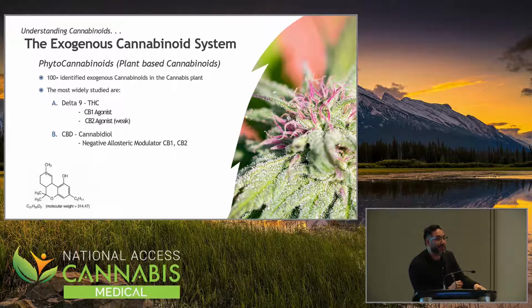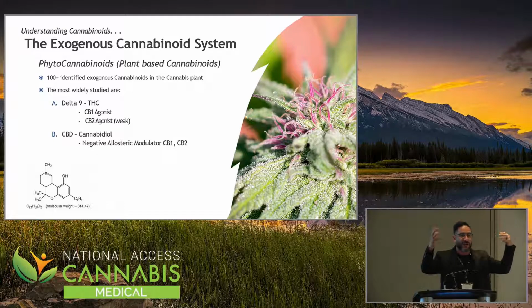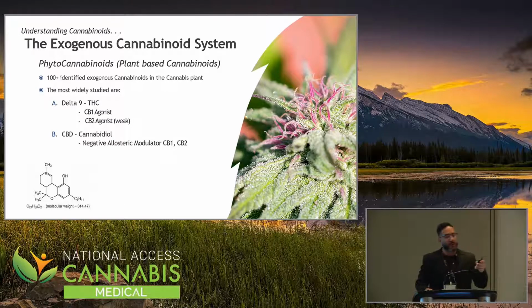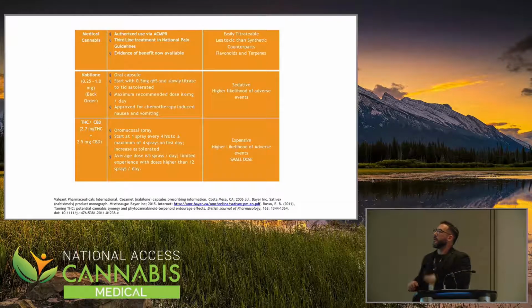But when you add CBD to it, it's going to modulate that effect. That's why it's always important to have a little bit of CBD with your THC, because you can decrease that feeling or the side effects that you're going to get related to the CB1 receptor. Make sense? Makes sense. All right, so what kind of cannabinoids do we have on the market?